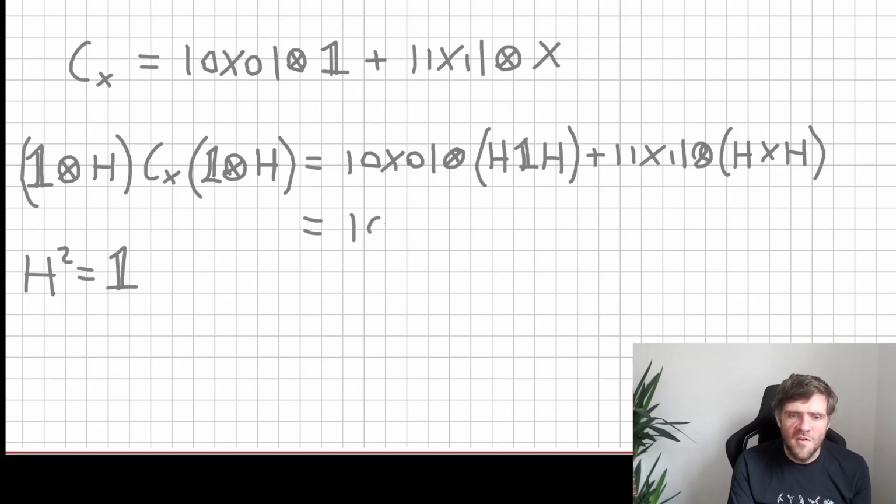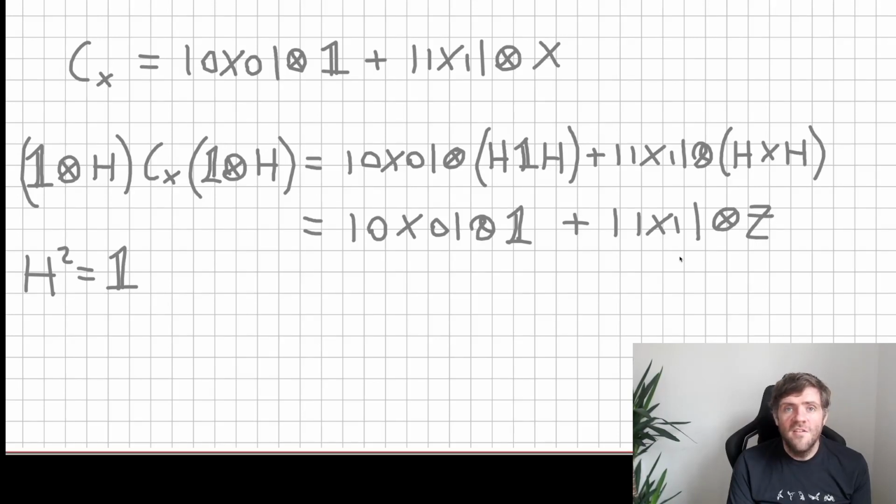So this first term is going to be still the identity, whereas the second term gets transformed to having a Z here for exactly the reasons we saw just now. So we have got, instead of having a controlled X, a controlled Z.